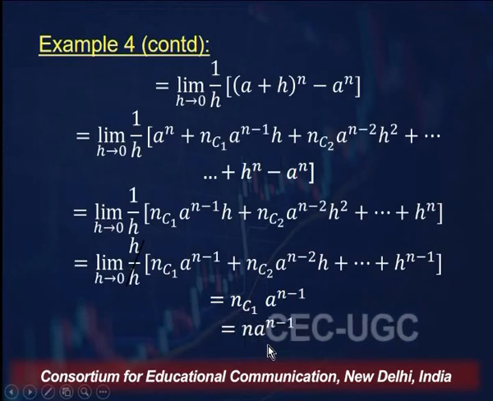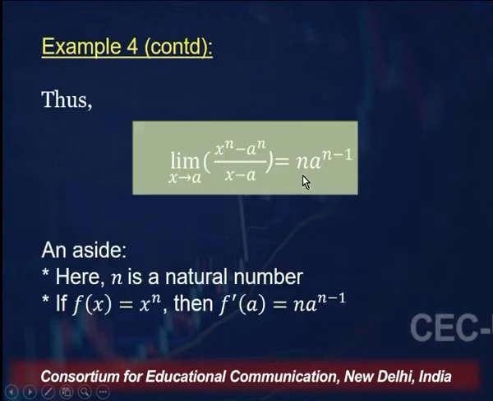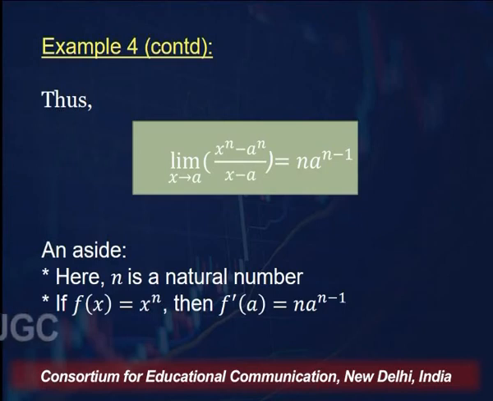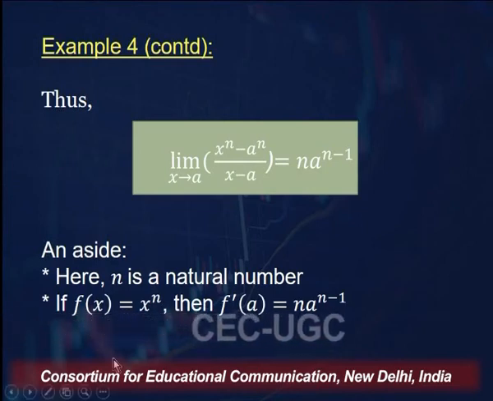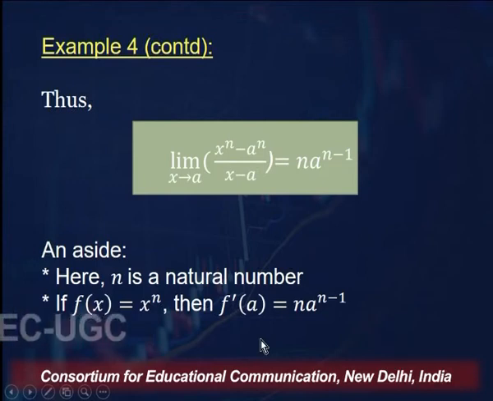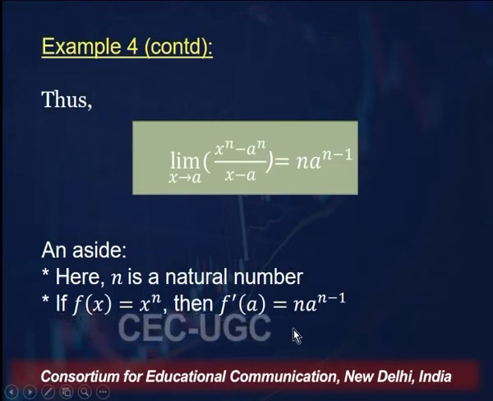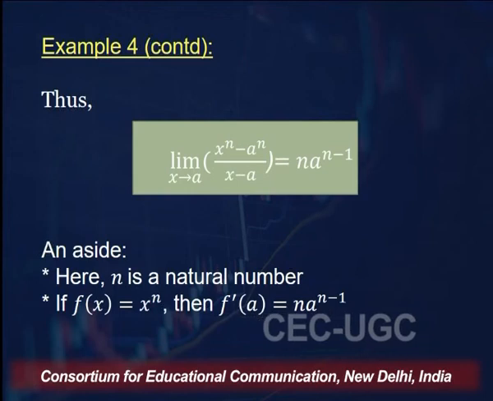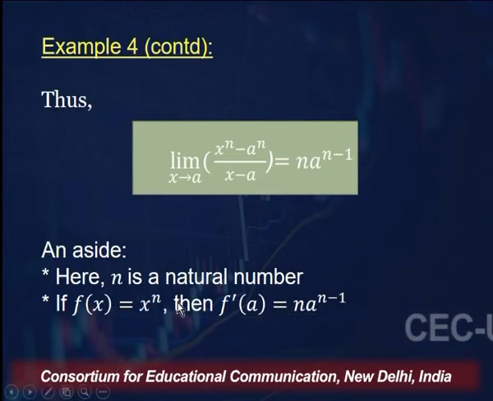If you have done differential calculus, you will recognize this as the derivative of the function x to the power n at the point a. If your function was x to the power n, then the derivative at a is n times a to the power n minus 1. But for now, we have just developed this result for the case where n is a natural number.